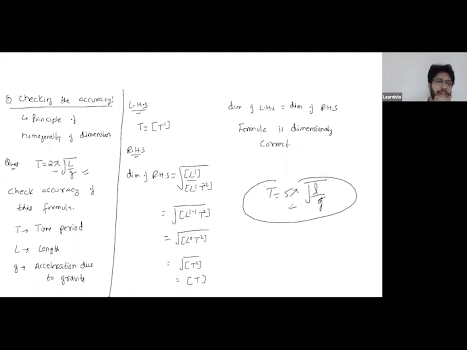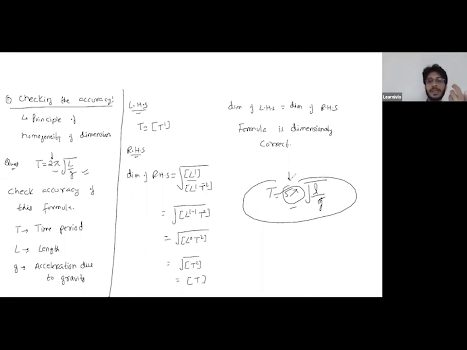It's correct, because dimensions don't depend upon 5 pi. It's dimensionally correct, but actually it's an incorrect formula. In the correct formula, you have 2 pi. Instead of 2 pi, you are using 5 pi. So the formula is wrong, but dimensionally it comes out to be correct.